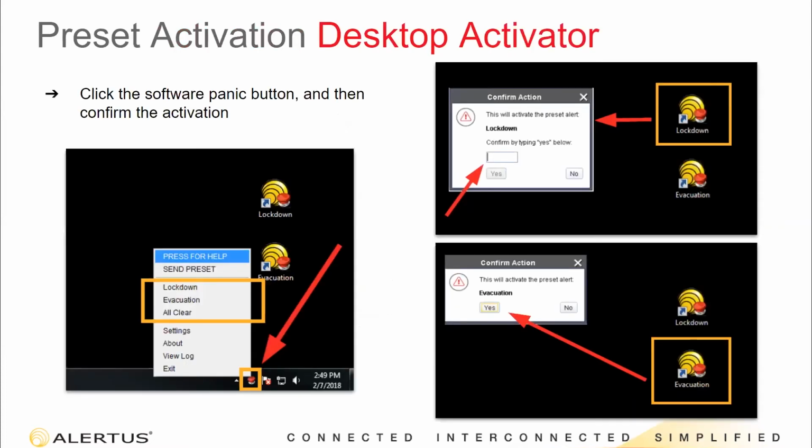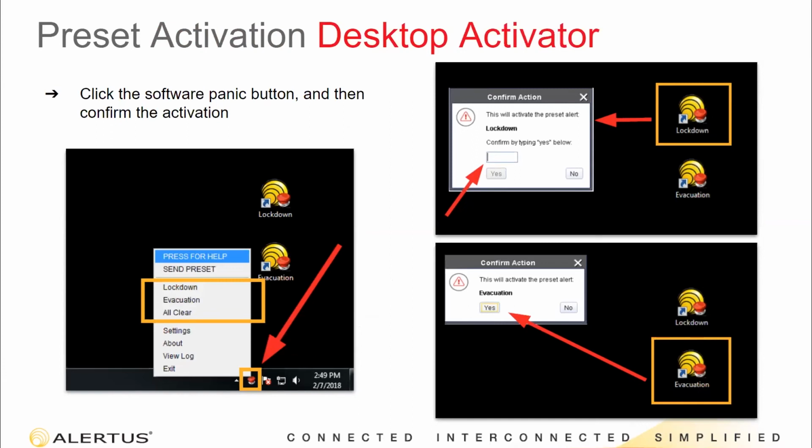Now, your organization may also utilize the desktop activator, also known as a software panic button. If so, these will be found on desktop computers. To launch a software panic button activation, you will simply click on the red panic button on your system tray, or you will be able to launch right from a desktop icon, depending on how your organization has set them up.